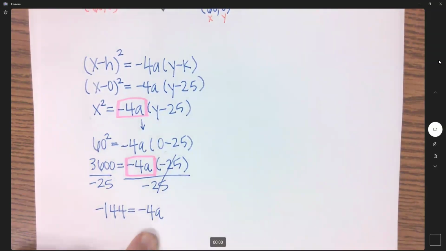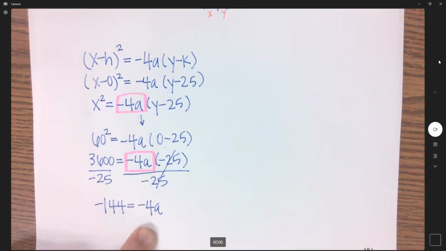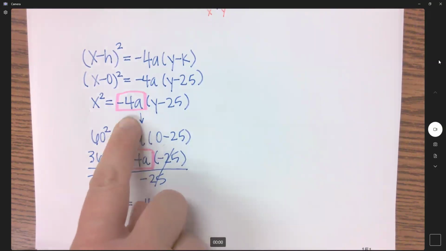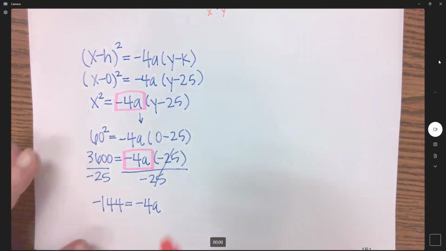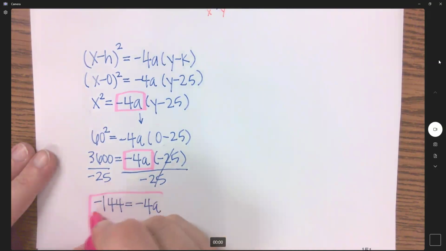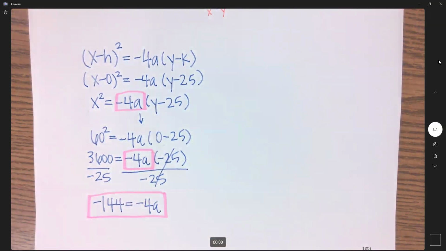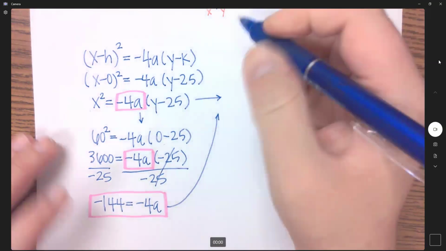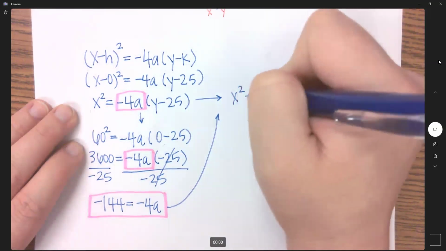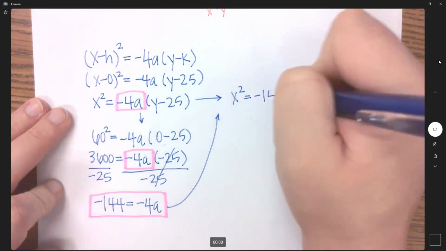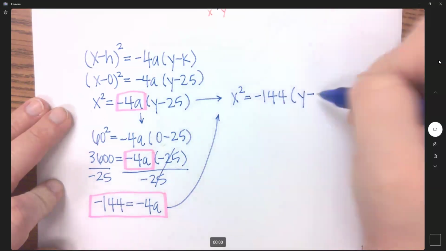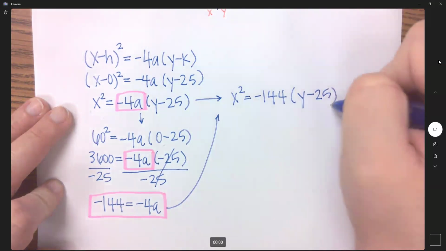So now I have solved for 4a. I'm substituting what 4a equals, which is negative 144, back into here. So now this becomes x squared equals negative 144 times y minus 25.